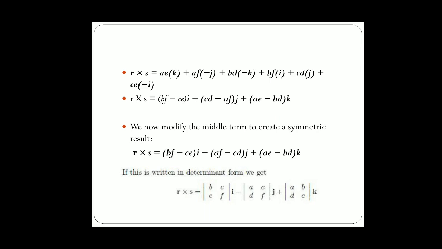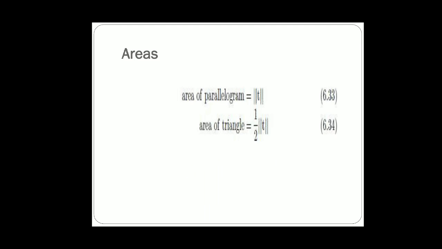If this is written in determinant form, we get the 2 by 2 determinants: b, c over e, f for i, minus a, c over d, f for j, plus a, b over d, e for k. Likewise, if I take the first one here, I take the second one there, and vice versa. The area of a parallelogram is equal to the magnitude of t, and the area of a triangle is half of the magnitude of t.